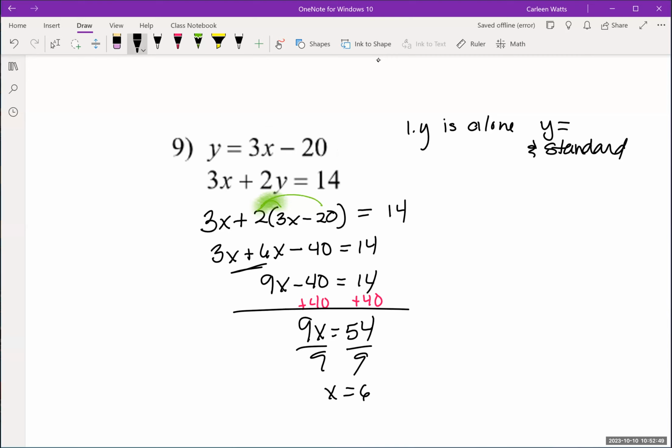Now, the one that has been isolated is the easiest place to plug in x without an arithmetic error. So we have 3 times 6 is 18, minus 20 is -2.